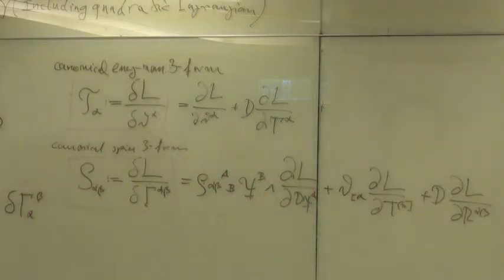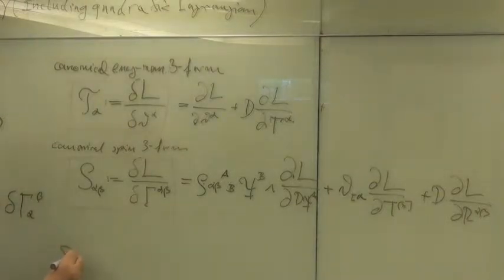These non-minimal pieces are also interesting. And I have introduced here the symbol for the variational derivative, which we already used.